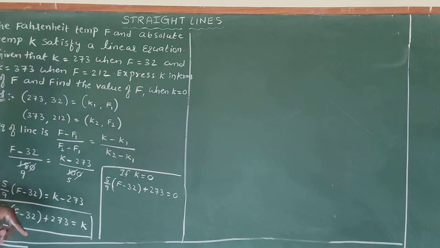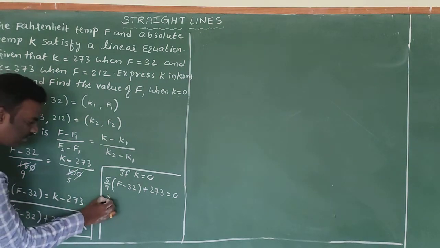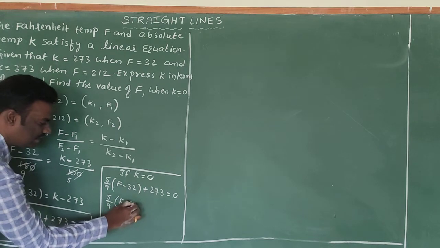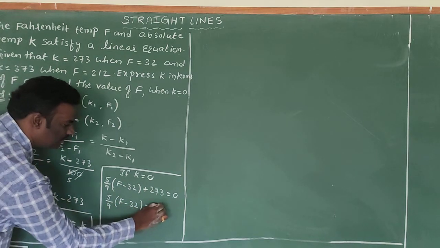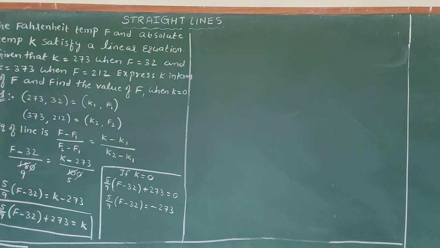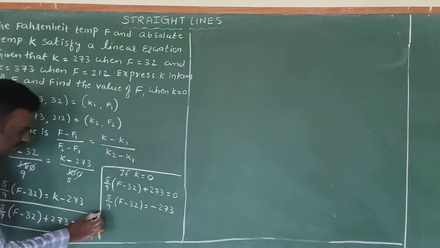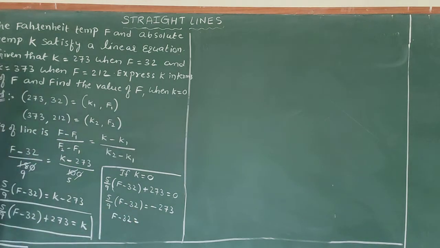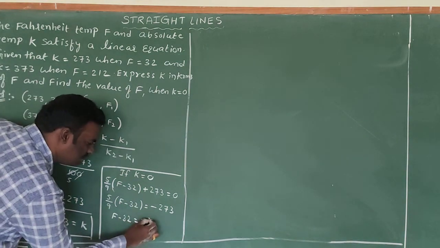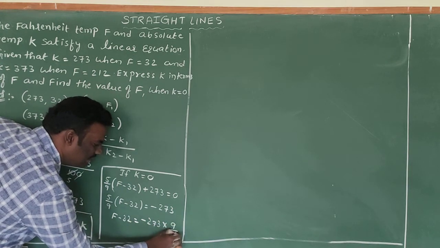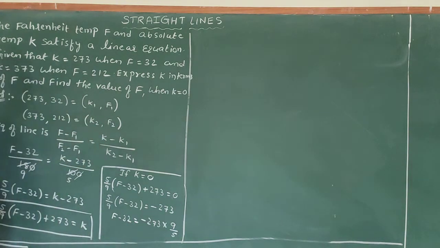You send 273 that side. 5 by 9 into F minus 32 is equal to minus 273. Again send 5 by 9 that side. Then F minus 32 is equal to minus 273 into 5 by 9 coming to this side, it becomes 9 by 5.